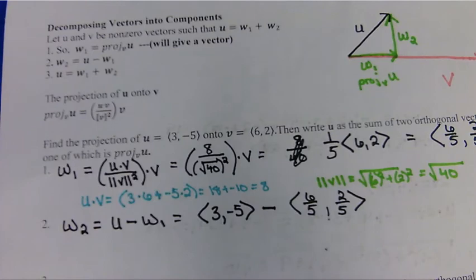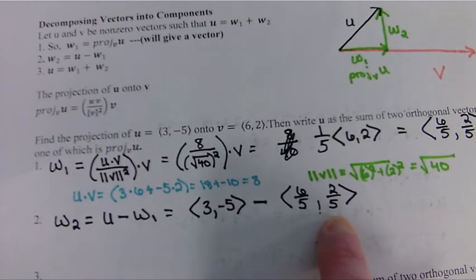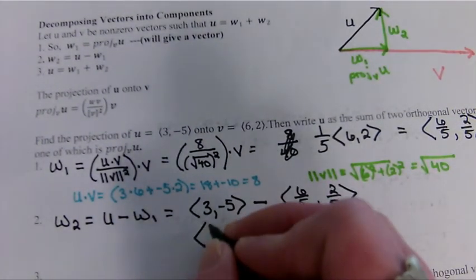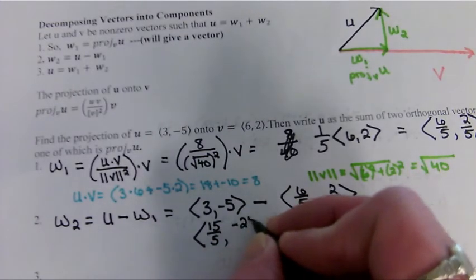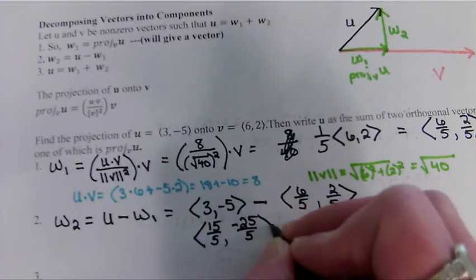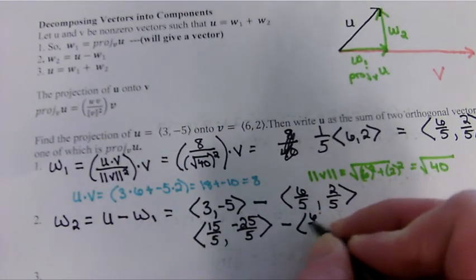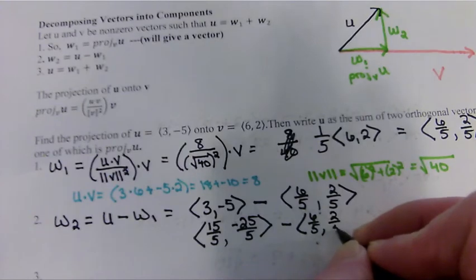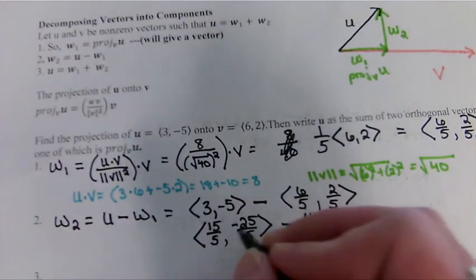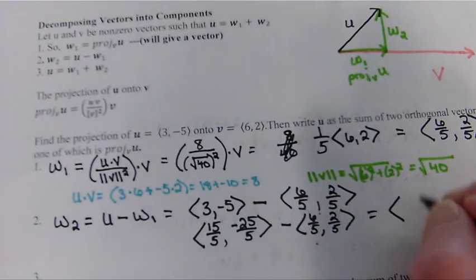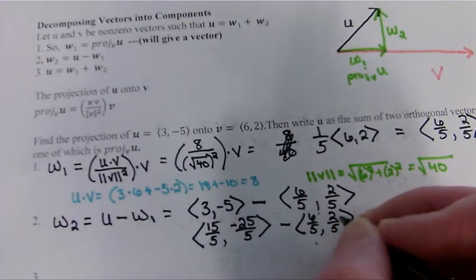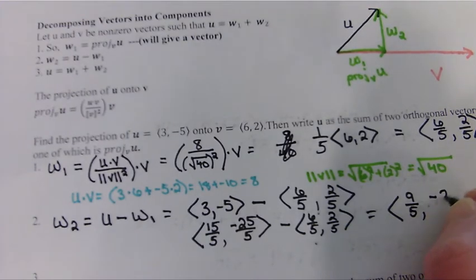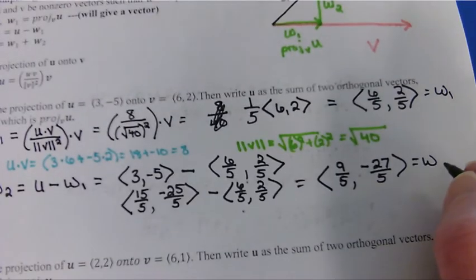I'm going to show doing it by hand. I want them all to have the same denominator. So I'm going to rewrite this as 15 fifths and negative 25 fifths minus 6 fifths and 2 fifths. So I get 15 minus 6 is 9 fifths, and negative 25 minus 2 is negative 27 fifths. That is w2.